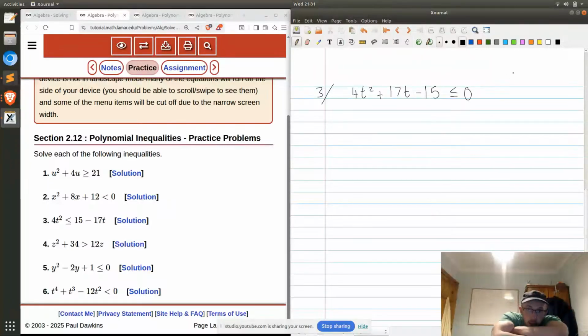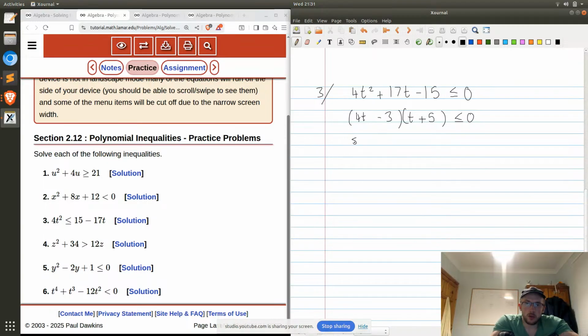So what do you think about that? Well, I think that can be factored. Oh, really? Why don't you show me? Okay, I'll put a pair of brackets, and I'll put t there and 4t there, and I'll add 5 and take away 3. How about that? Okay, this is good.